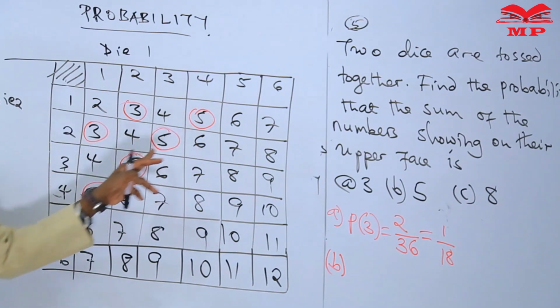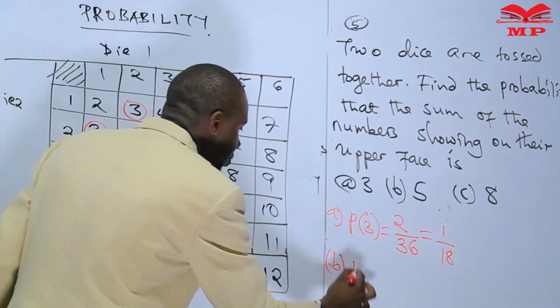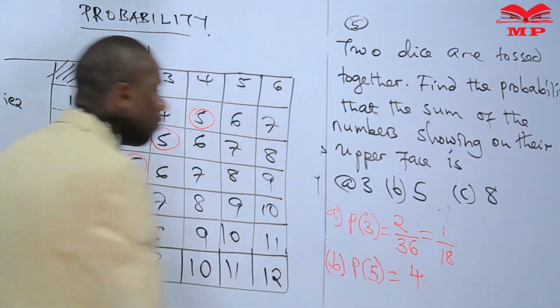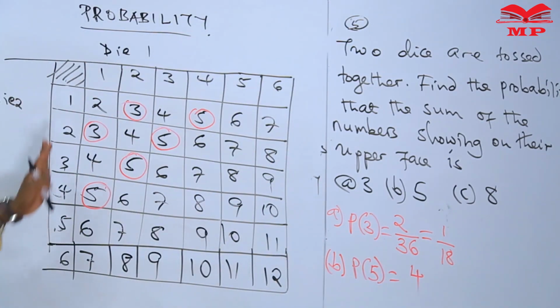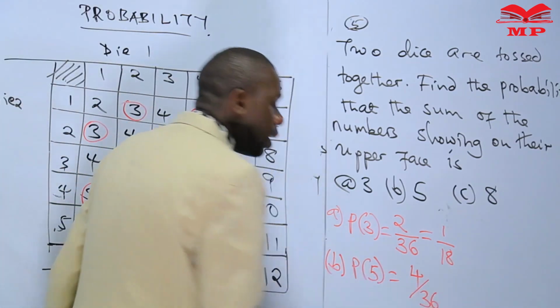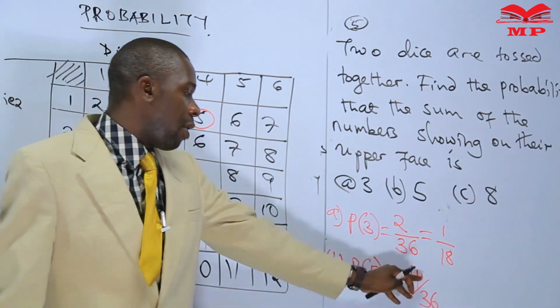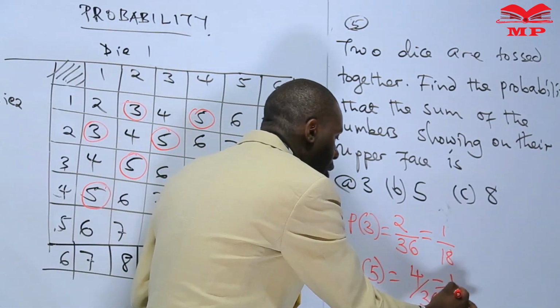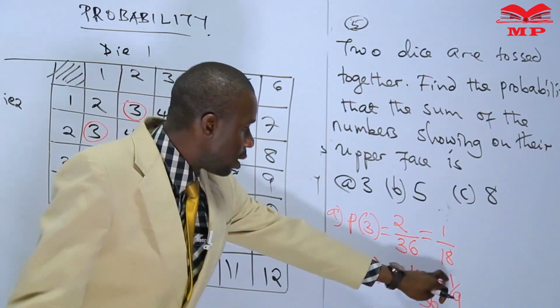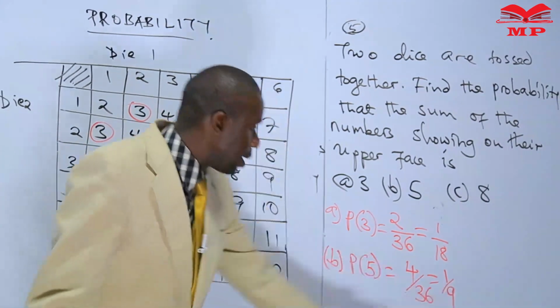We have 1, 2, 3, 4. So in this case, the probability that our sum is 5 is 4 favorable outcomes over the total number of outcomes here, which is 36. If we simplify this by 4 and 4, we end up with 1 out of 9. 4 divides itself once, 4 divides 36 nine times.